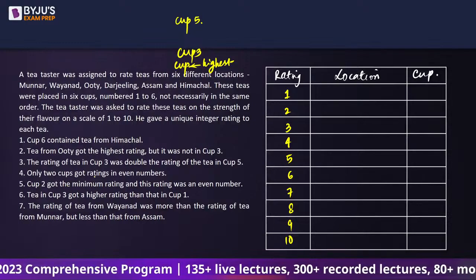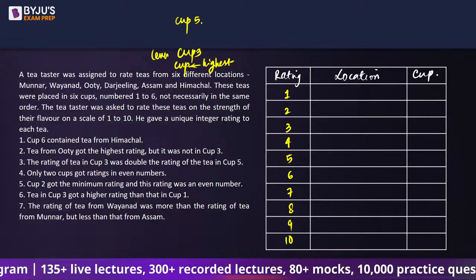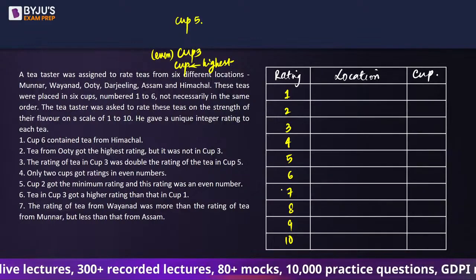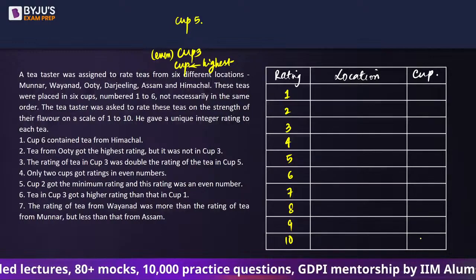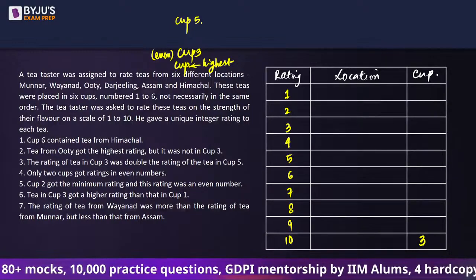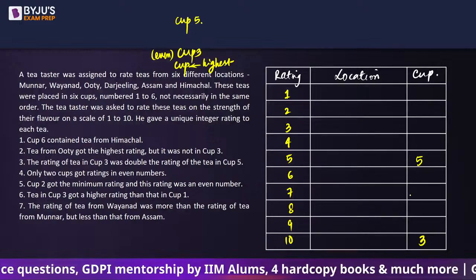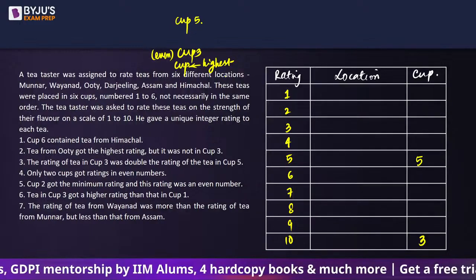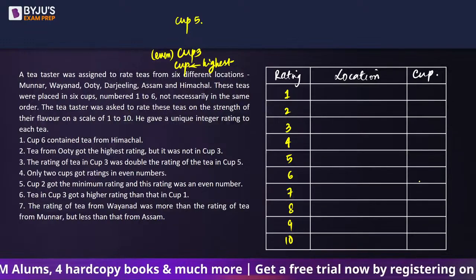Now only 2 cups got ratings in even numbers. Well, we are pretty sure that cup 3 is an even number. So if cup 3 is an even number, let's look at this. If cup 3 is this even number, then this is going to be our cup number 5. But this is not possible because we have another cup which has got the highest rating, which should be below 3. So this 3 and 5 will not work out.